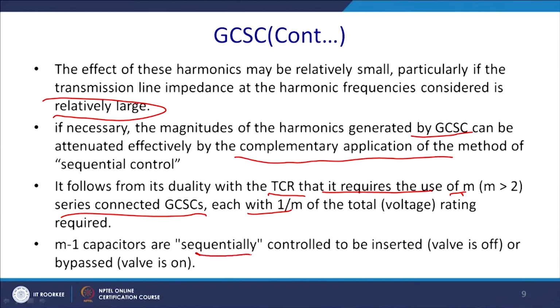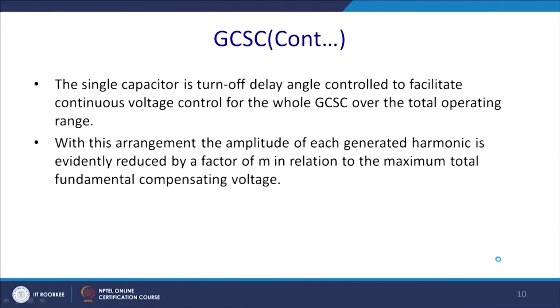M minus 1 capacitors are sequentially controlled by inserted valves in on, off or bypass mode. The single capacitor has turn off delay angle control to facilitate continuous voltage control of the whole GCSC over the operating range. This is the advantage of it.